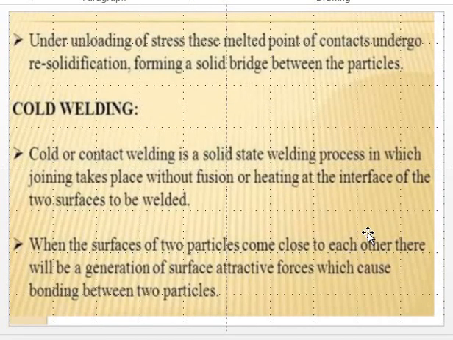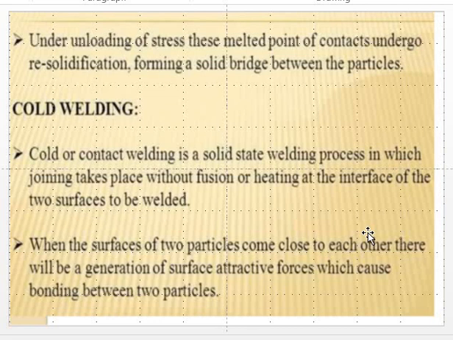Under the unloading of the stress, when we are removing the upper punch, at that time the melted particles will get solidified and try to form a hard compact mass. So it is called hot welding. Why?